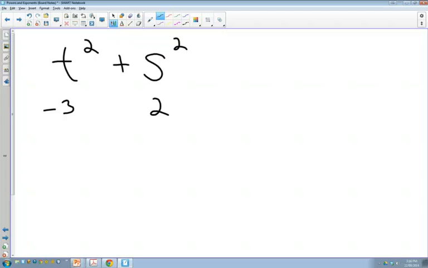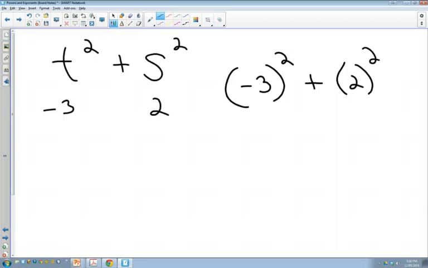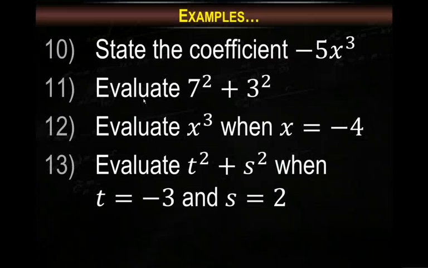Instead of putting a t, you put the -3 in brackets, squared. Plus, instead of s, you put 2 in brackets. So now again, it's -3 times -3, +9, plus +4. That will give you the right answer there. Watch out for the sign. I was heartbroken marking the test when students had the right answer but just left it the wrong sign.